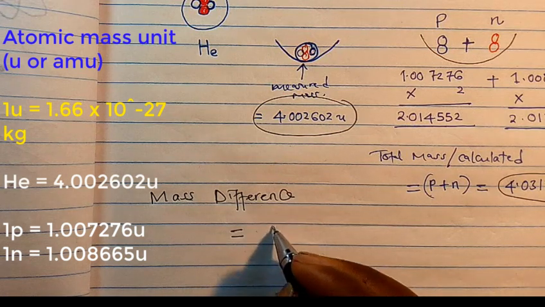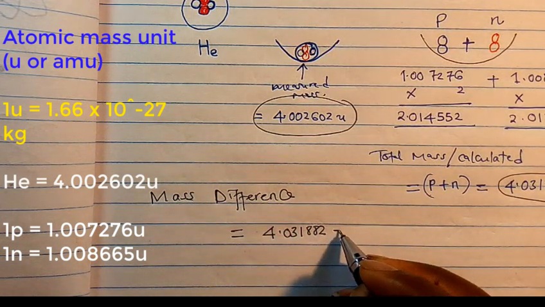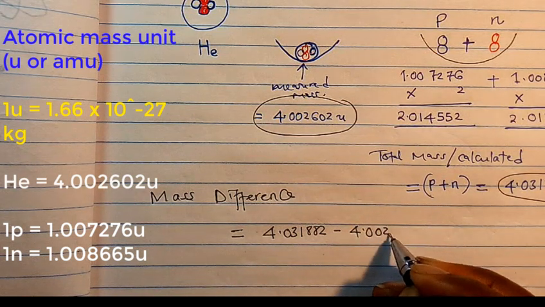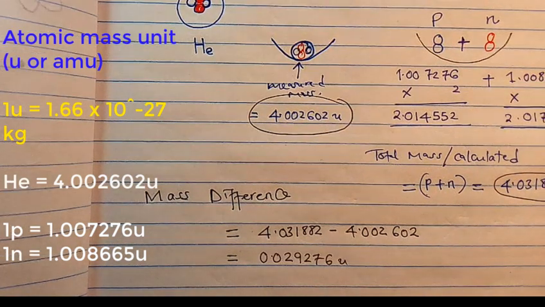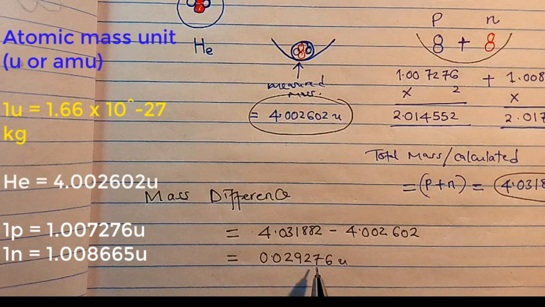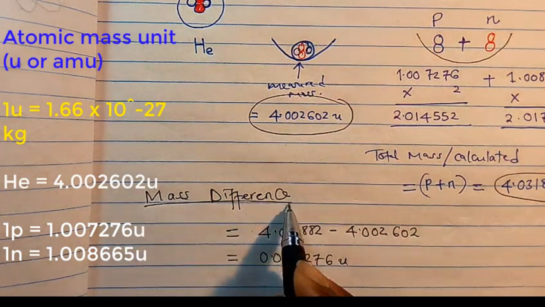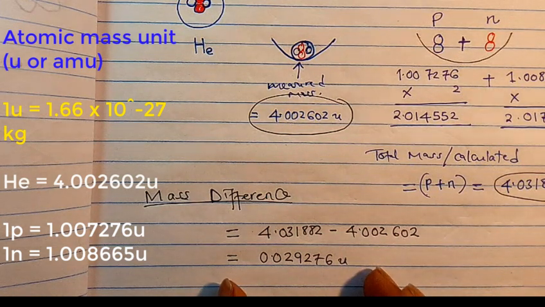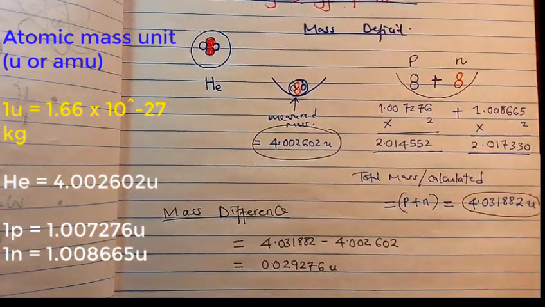So here the mass difference will be 4.031882 minus 4.002602, and the answer is 0.029276 atomic mass units. Again, don't forget, this small mass difference has been converted into energy that holds together or binds the nucleons inside the nucleus of the helium atom.